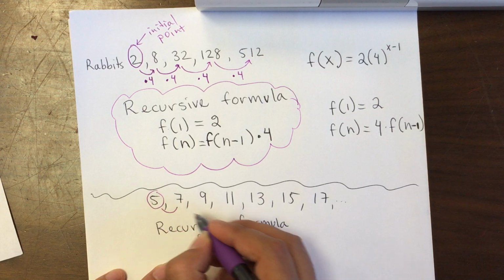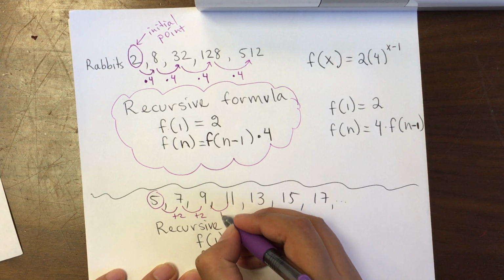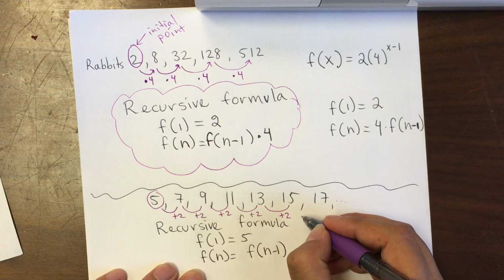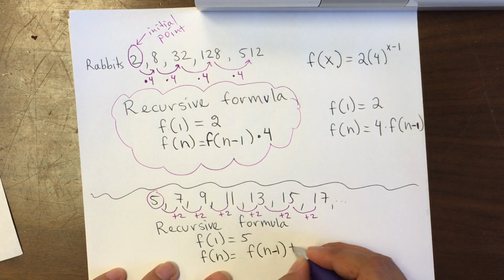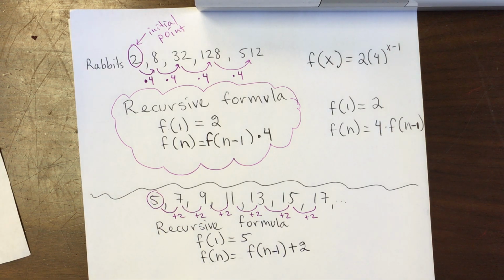So we can see that we're adding 2, adding 2, adding 2, adding 2 to all of them. So it's always f of n equals f of n minus 1 and whatever we're doing with the pattern. So basically we're adding 2 to the previous one. This just means look at the previous number in the list.